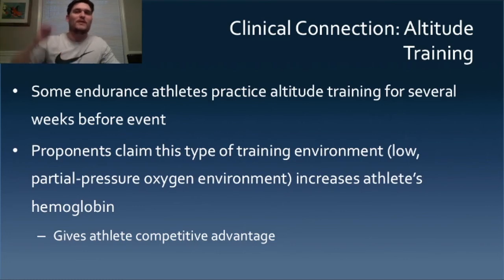So that's going to limit your performance. And so it's recommended that you train low, so you're able to put yourself at your maximum intensity, a higher intensity during your workout, so you get more benefits there. And then you sleep high in order to get the benefits of that increased red blood cell production.